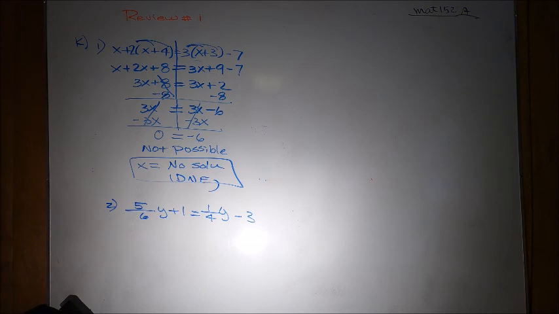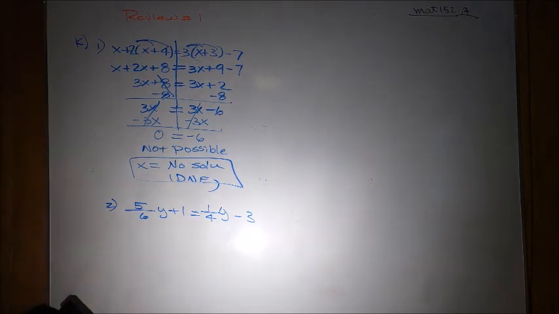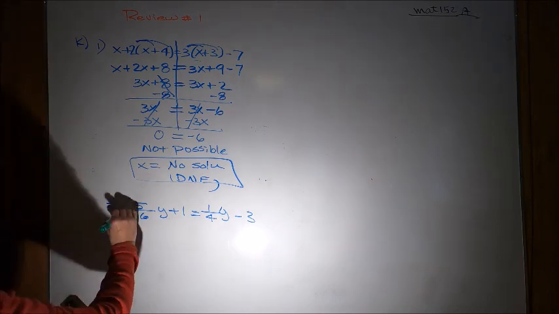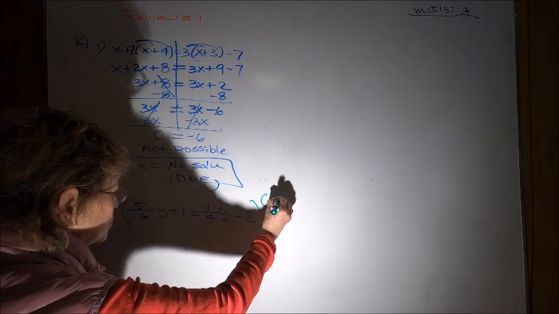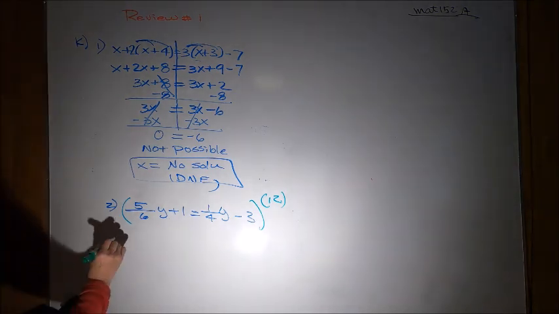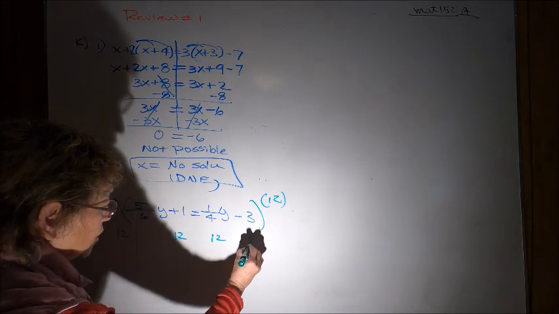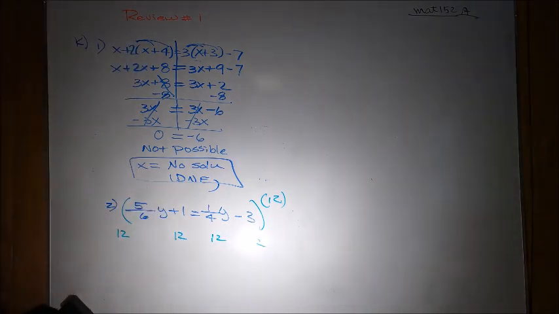How can we get rid of it? Multiply by the LCD, right? What's the LCD between 6 and 4? 24 will work, but that's not the smallest number you can use. Actually, it is 12. Right? So you need to multiply 12 to each one, all the numbers you have in the equation.